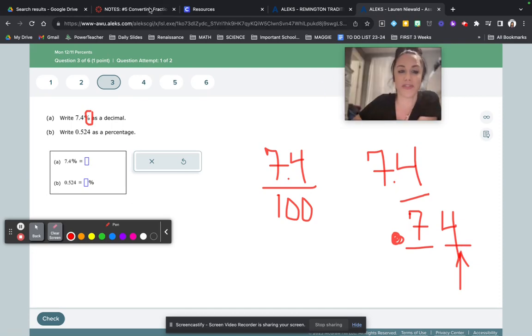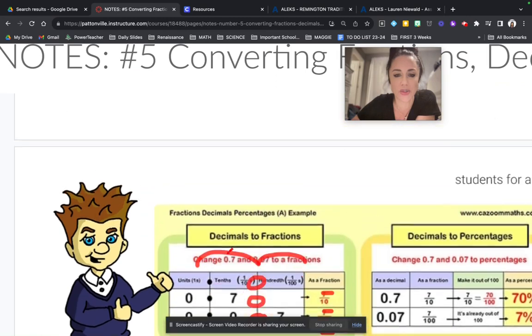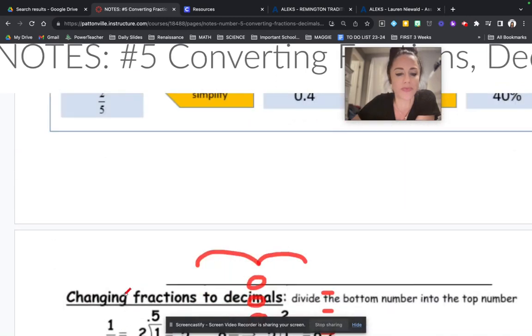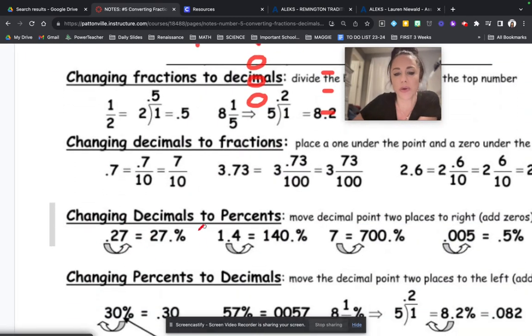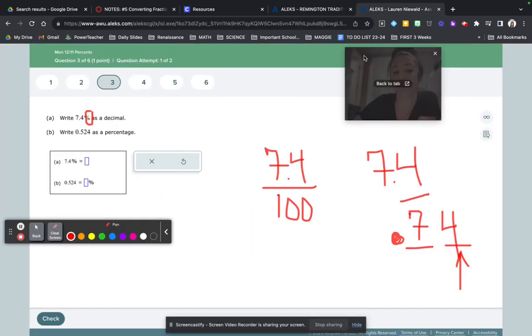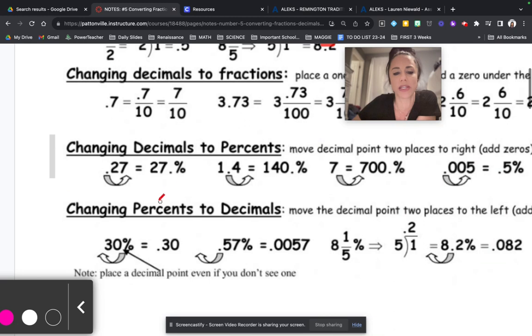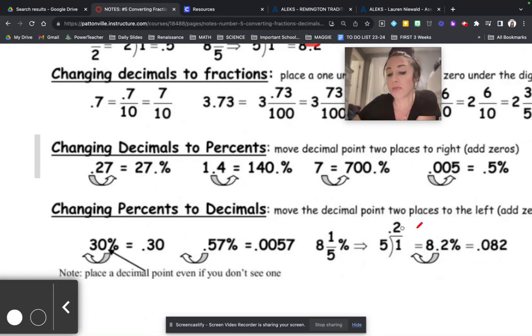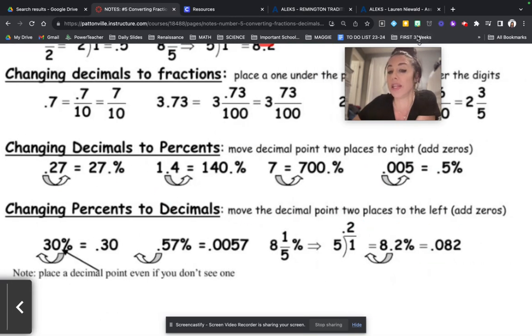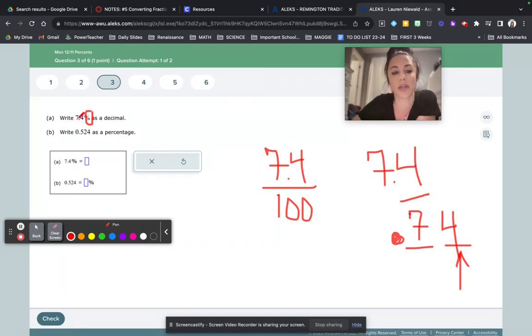Their other way of looking at it is, okay, we're going from a percent to a decimal. So going from a percent to a decimal, you're moving your decimal point 2 places to the left. So here we go. I'm right here, and I'm going to move it 2 places to the left.